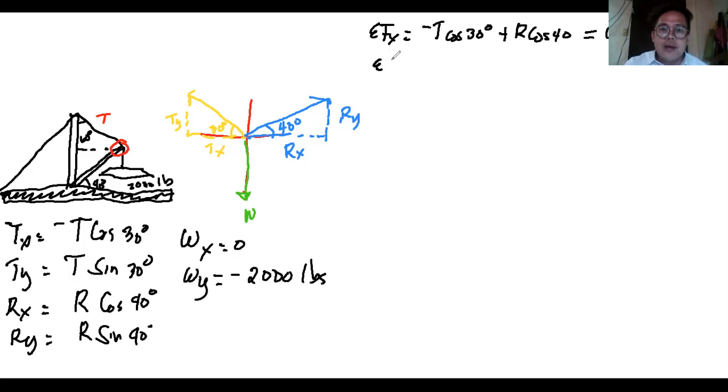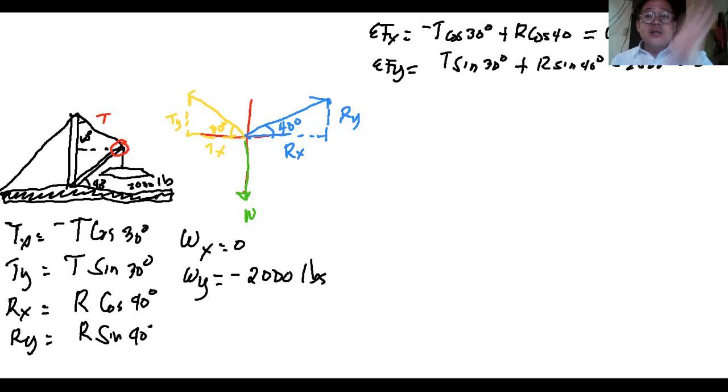Then the summation of Fy will be tension sine 30 degrees plus R sine 40 degrees minus 2,000, which is equal to 0.